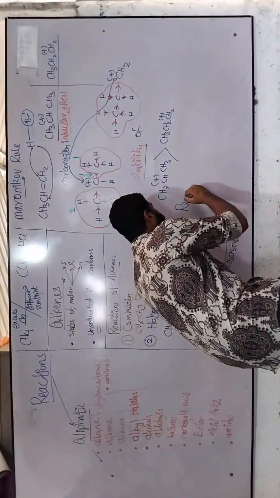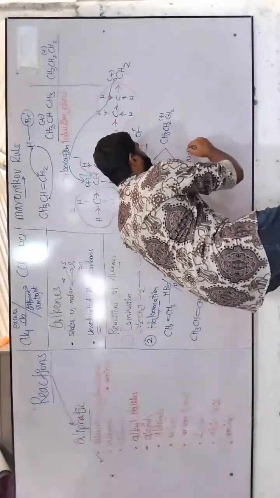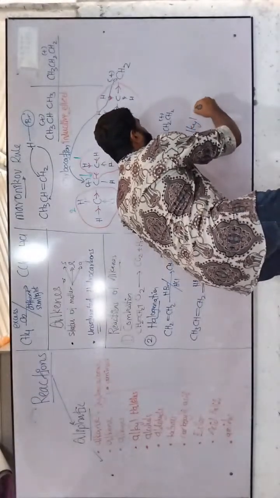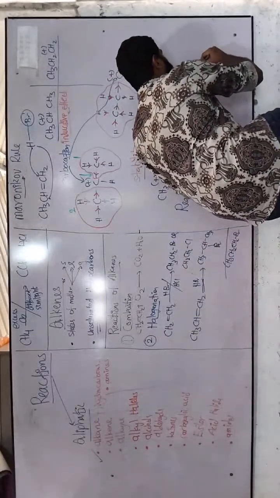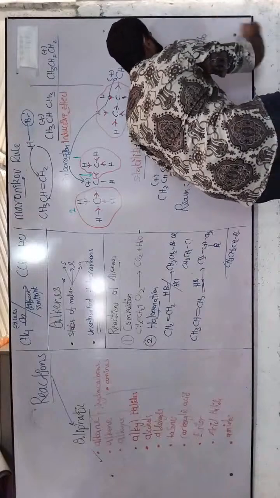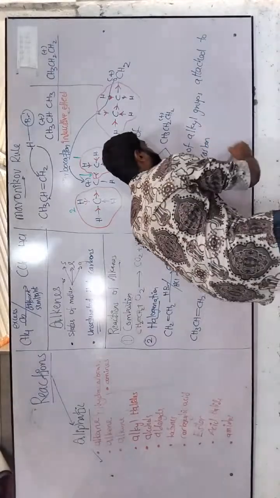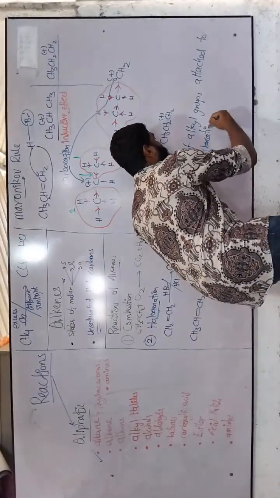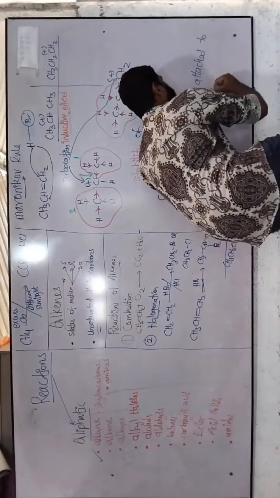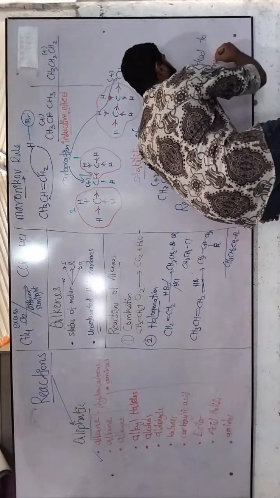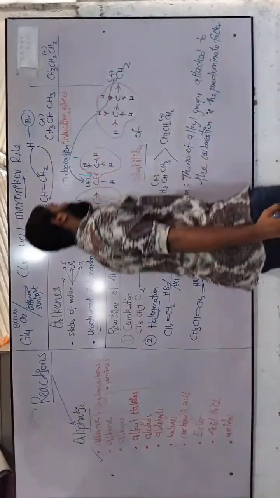The reason is that the number of alkyl groups attached to the carbocation is the predominant factor.